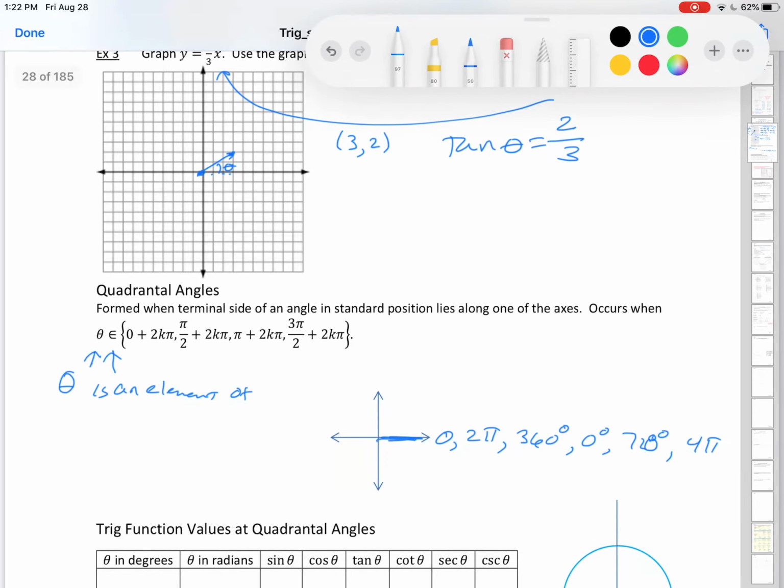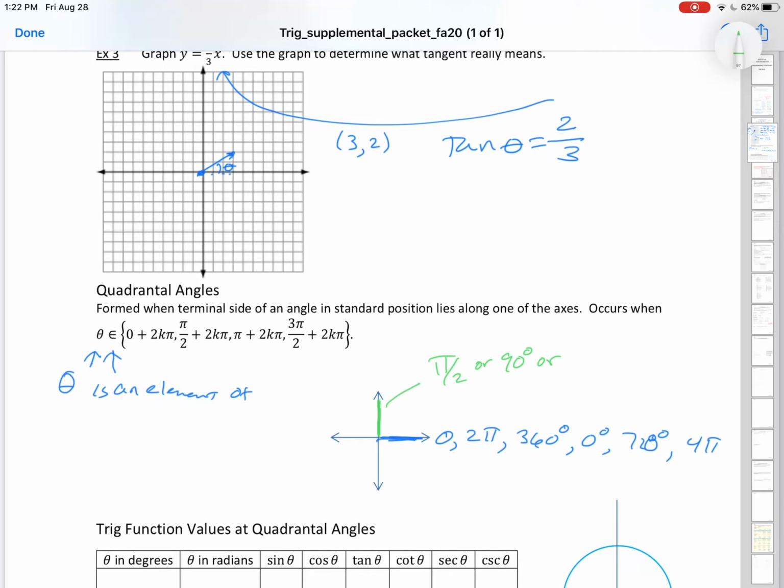Right? Or what else could it be? Well, it could be 2 pi plus pi over 2. So what would that be? So if you had 2 pi, that would be plus pi over 2, that would be 5 pi over 2 would be there. Or 90 degrees plus 360, right? And if we look at 360 plus 90, we get 450 degrees.